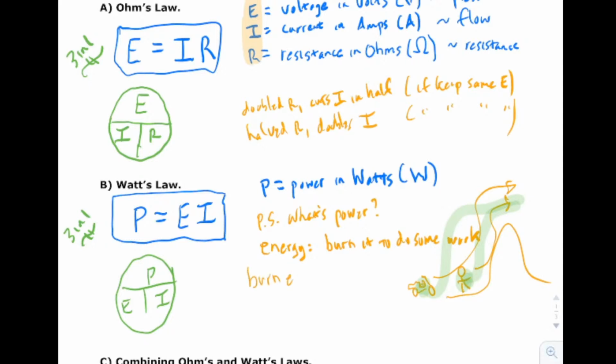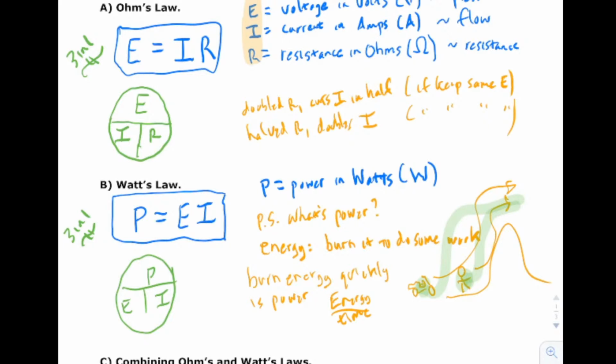If you can go from 0 to 60 really fast, that's because you have a really powerful engine. There's the power. Sometimes people say energy per unit time. You can think of it that way. So time is involved with power. It's how quickly can you expend the energy, do the work.